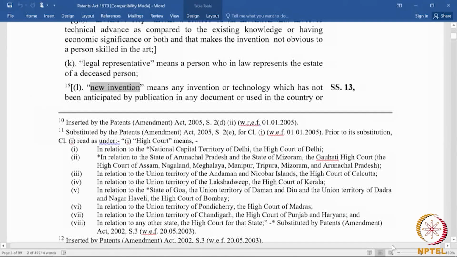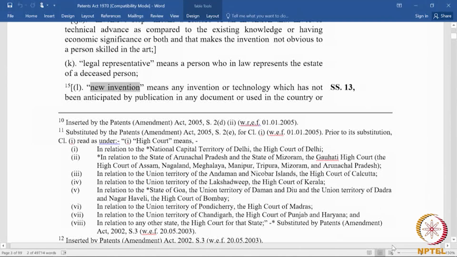Now, let us take a look at this. Means any invention or technology which has not been anticipated. Now, invention has to pertain to a technology, or it could also be an invention per se.